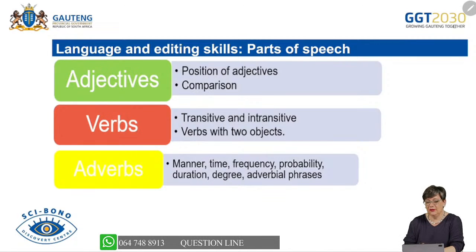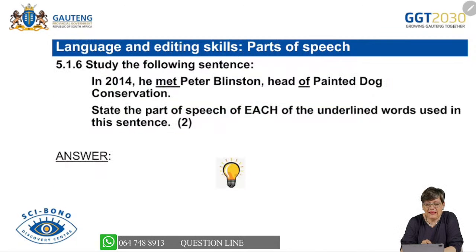Here's a question. So, we're giving you a sentence. Study the following sentence. In 2014, he met Peter Blinston, head of Painter Dog Conservation. State the part of speech of each of the underlined words used in the sentence. Now, when you write your answer, remember, we are going to start with this one first and then this one.